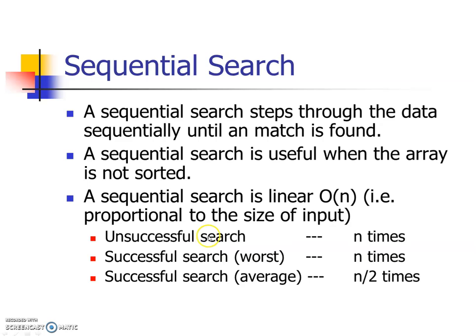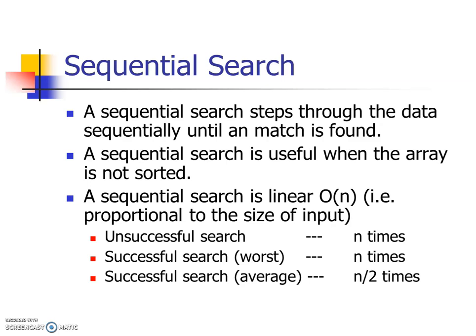If it is an unsuccessful search, you need to go through all positions and then report that it is not there. In the worst case of a successful search, the element is in the very last location, so you still need to search every single one until you find it.